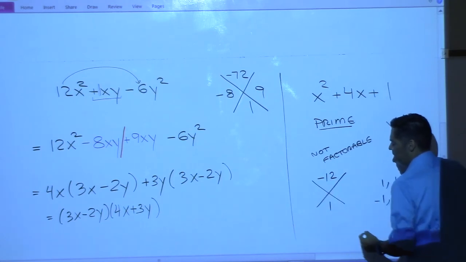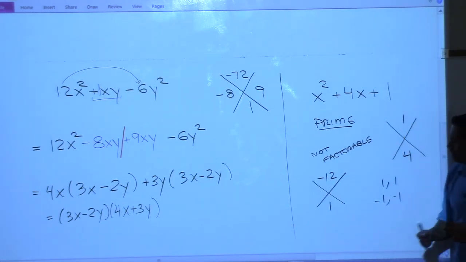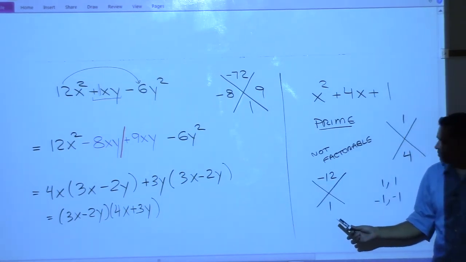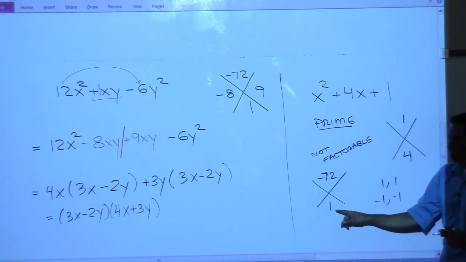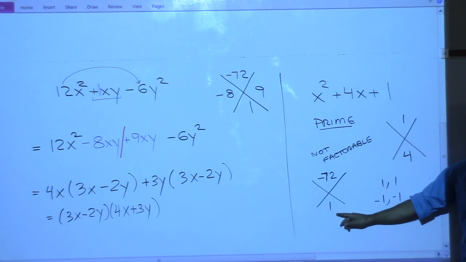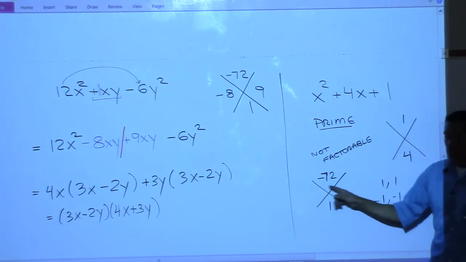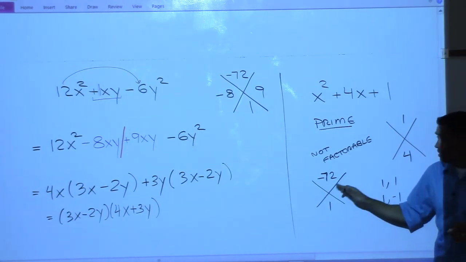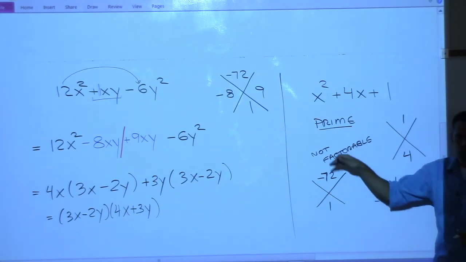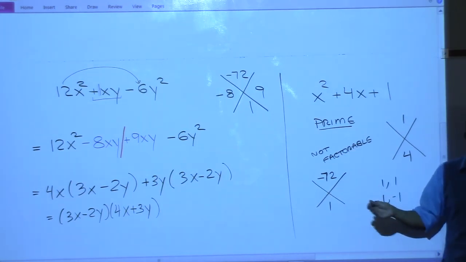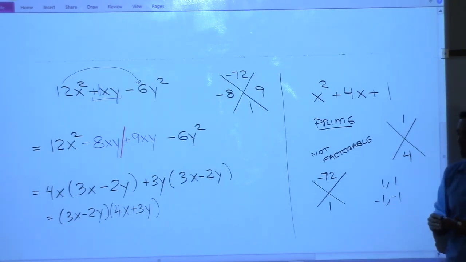We had negative 72 and 1 or something like that, and Caroline said it was negative 8 and 9. So she got the numbers, so the numbers do exist for this. If you can't come up with them and you put prime, you're obviously going to get it wrong. Just because you can't find the numbers doesn't mean that it's prime. It's only prime if the numbers don't exist, which is this case, all right?